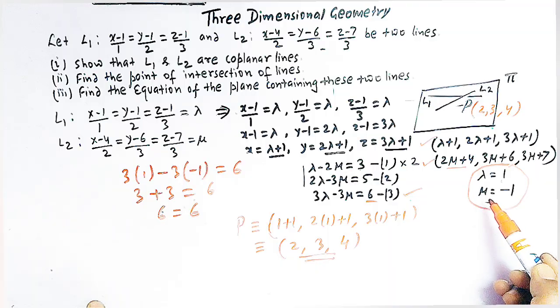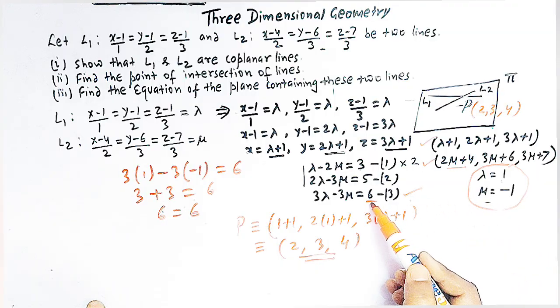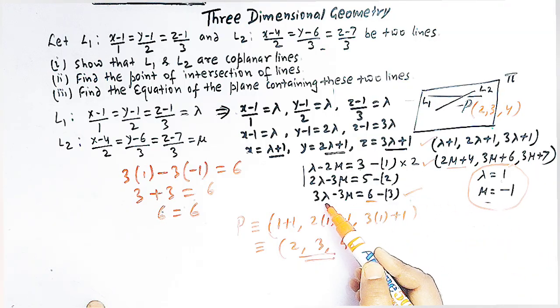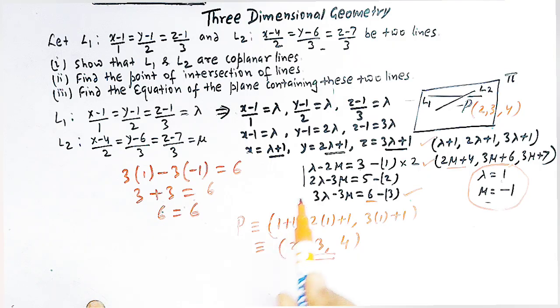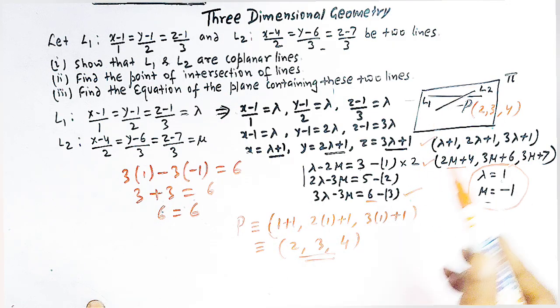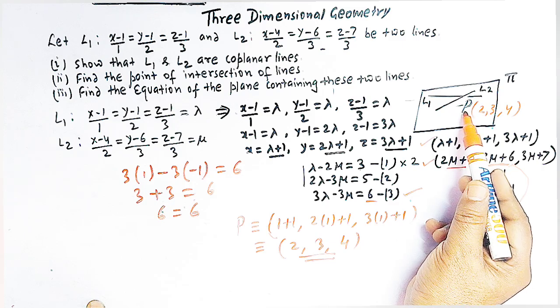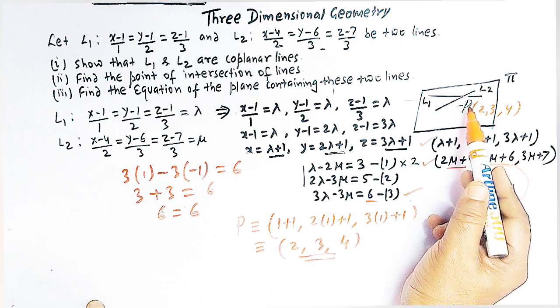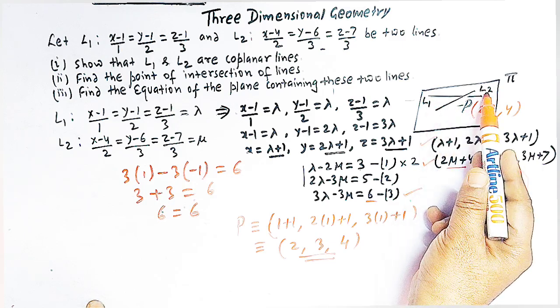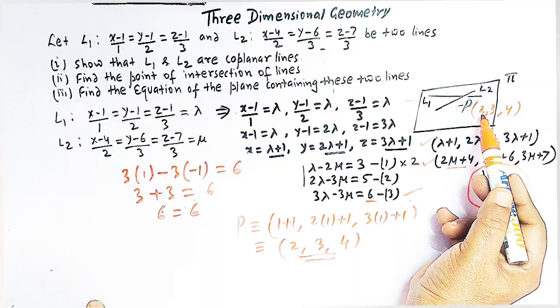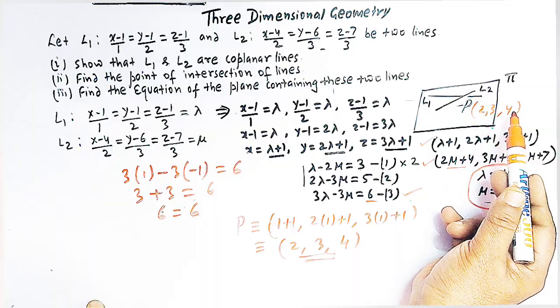And if the values of lambda and mu satisfy the third equation, then it implies that the two lines are intersecting, and we have obtained the coordinates of the point of intersection of the two lines L1 and L2 as 2, 3 and 4.